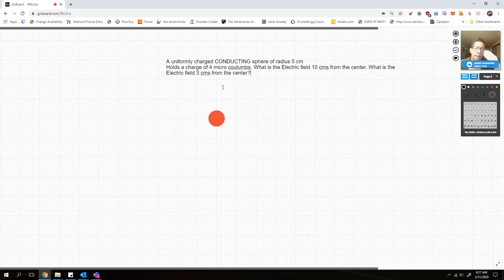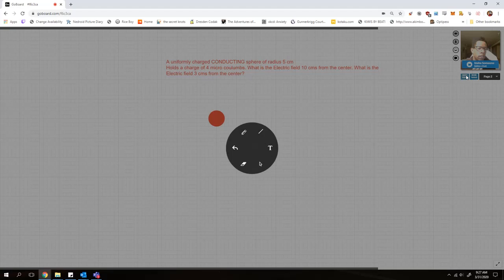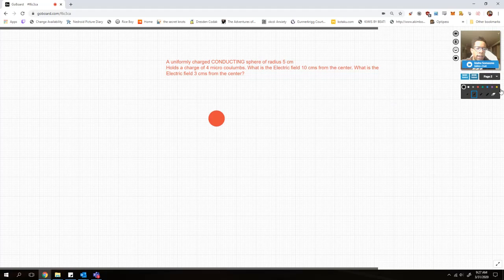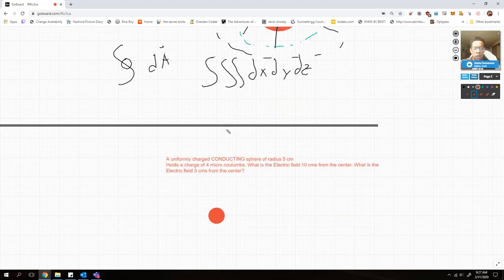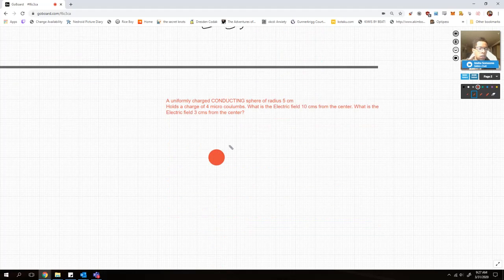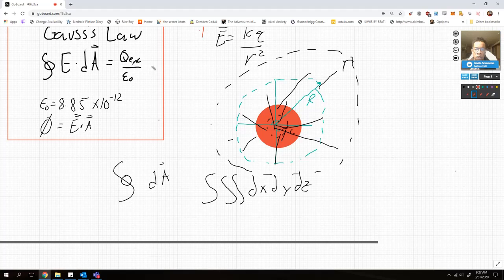Okay, so we have a uniformly charged conducting sphere. That usually means it's a metal sphere because metal is a good conductor. To make this crystal clear on how Gauss's law works and why it matters if it's conducting or non-conducting, you want to know the location of the charge. As soon as you know the location of all of your charge, Gauss's law becomes much easier because of this Q enclosed.